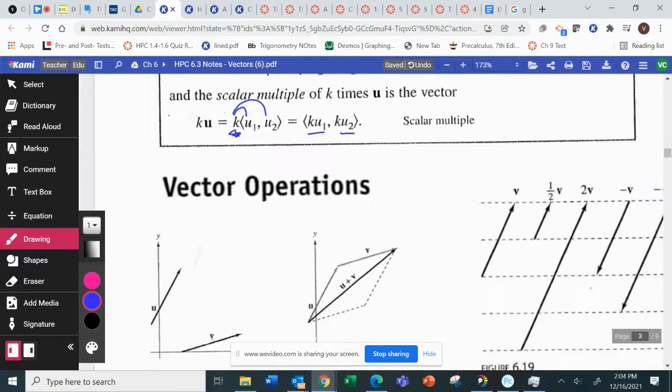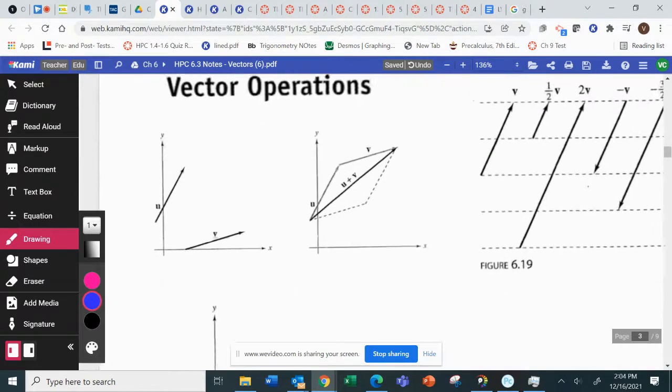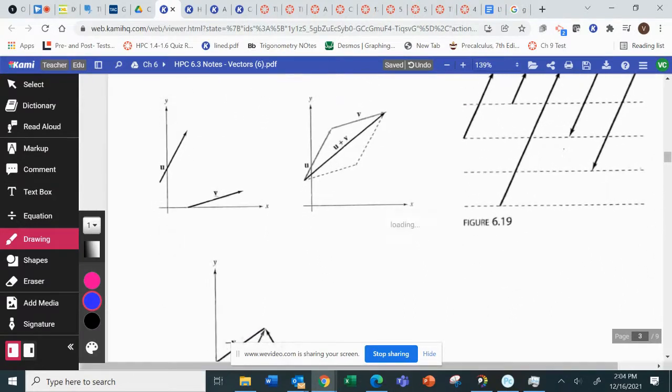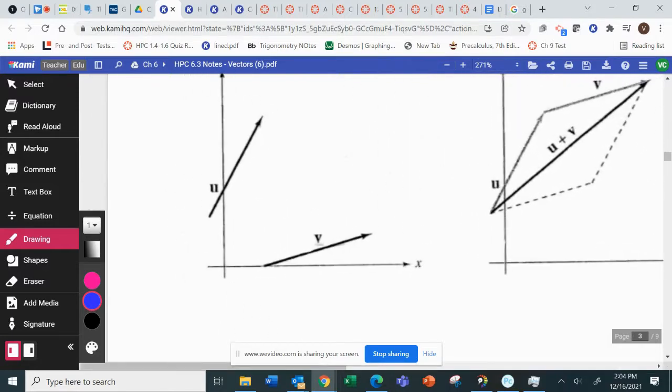Now, here's some pictures of vector operations. And this is where things tend to sometimes get a little confusing, is the pictures. So we've got vector u and vector v. You've got two vectors here. There's no numbers. Vector u and vector v.